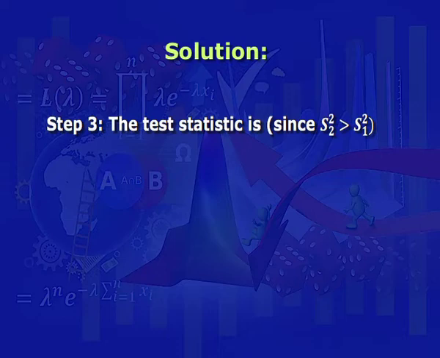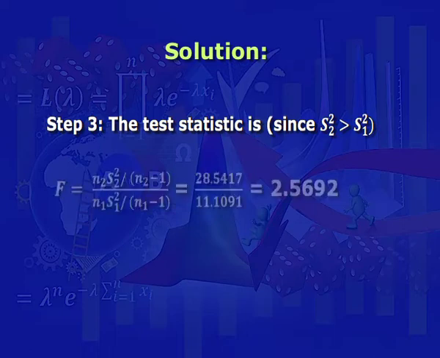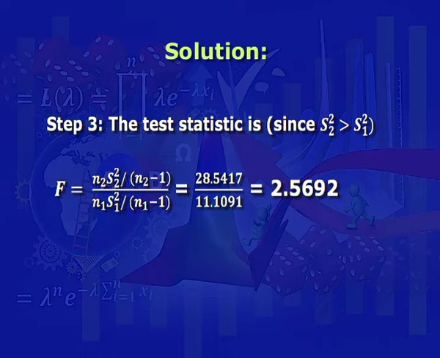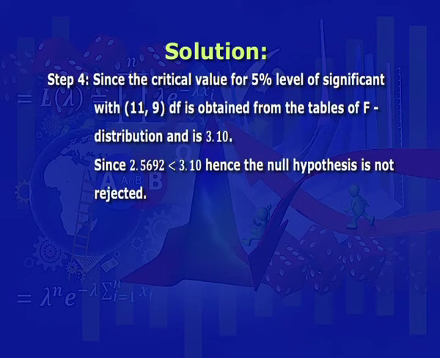The test statistic is, since S2 square is greater than S1 square, defined as F equal to n2 into S2 square divided by n2 minus 1 whole divided by n1 into S1 square divided by n1 minus 1. Substituting the values of n1, n2, S1 square and S2 square, the F statistic becomes 2.5692.